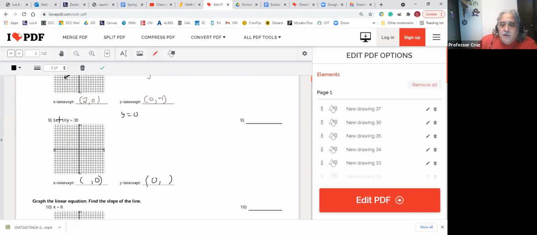In other words, you're just going to have 5x equal to 30 left. You're eliminating that y term because when you put 0 in for y, negative 10 times 0 is just 0. All you've got left is 5x equals 30.